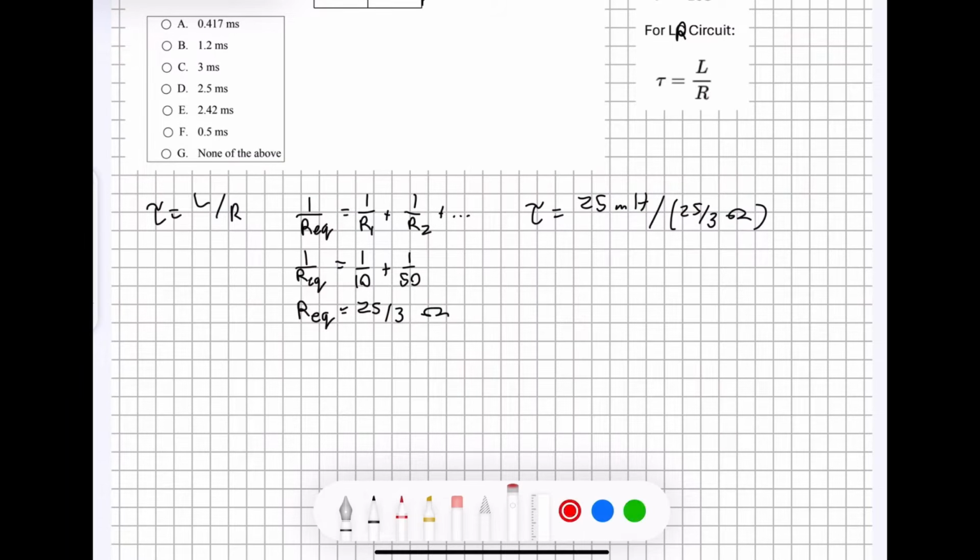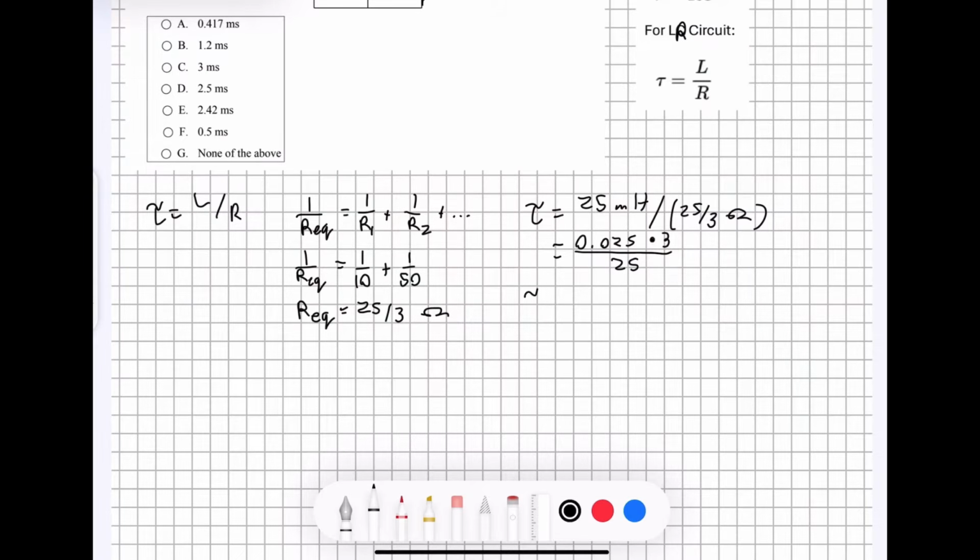Now remember to convert millihenries to henries, because you would get the wrong answer if you didn't do that. So you're going to have 0.025 henries multiplied by, let's just get rid of the units, times 3. We're going to have that all over 25.